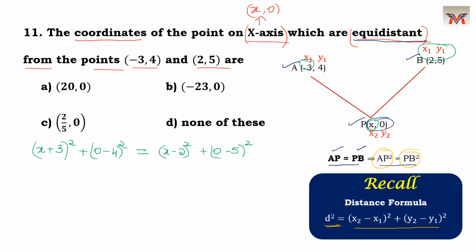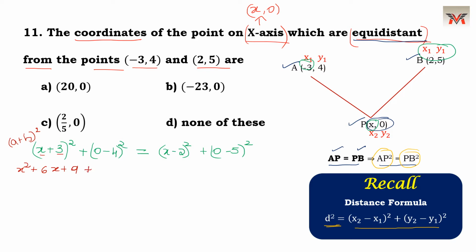When we simplify this, what do we get? (x plus 3) whole square. You can use the (a plus b) whole square identity, so this becomes x square plus 2ab, where a is x and b is 3. Therefore it is 2 into 3 into x, that is 6x, plus 3 square, that is 9. Be careful, don't write 3 square as 6, that becomes wrong.